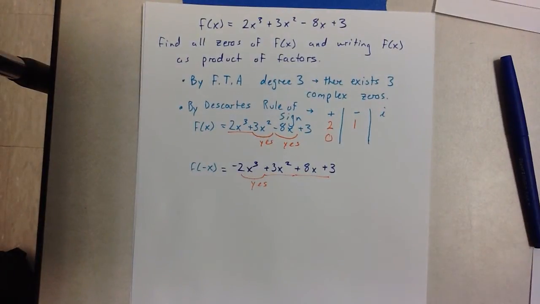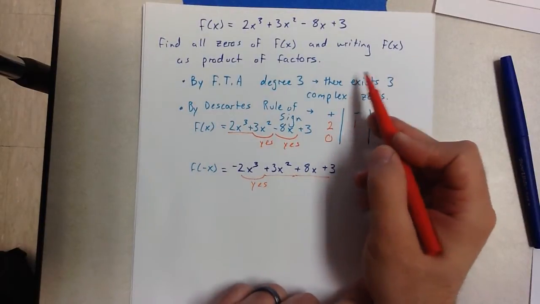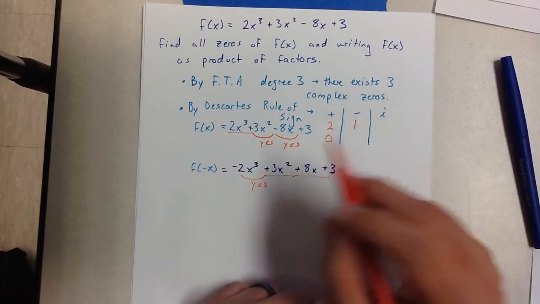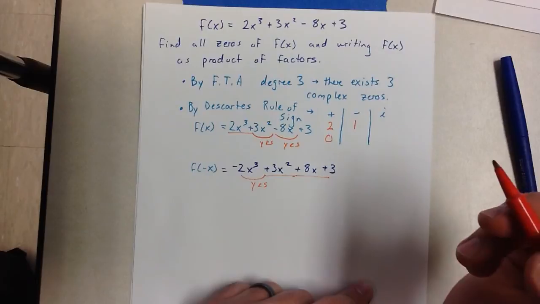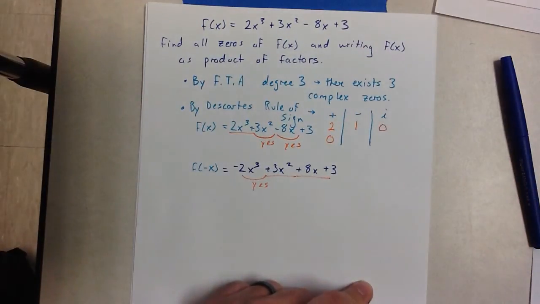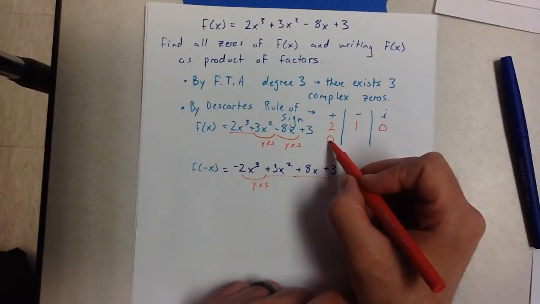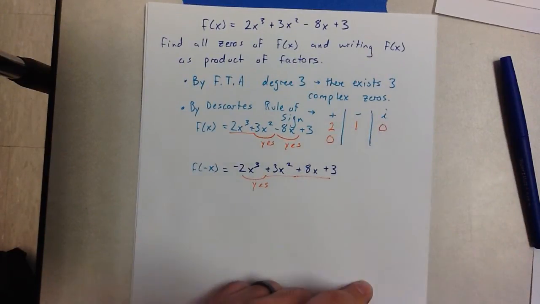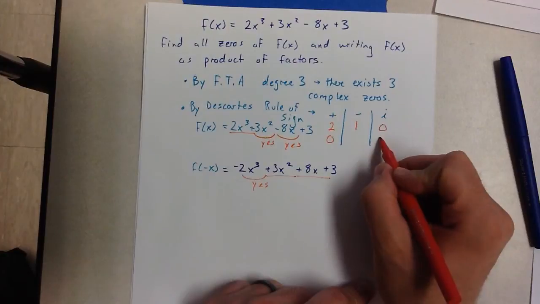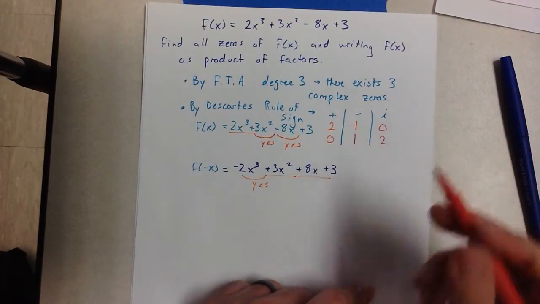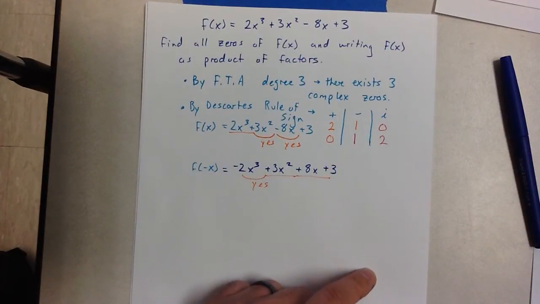So let's look at this situation. Knowing that we have 3 total, if I have 2 positive and 1 negative, we would have no imaginary. If I have 0 positive and 1 negative, I must have 2 imaginary. So I'll just drop this one down. Okay?